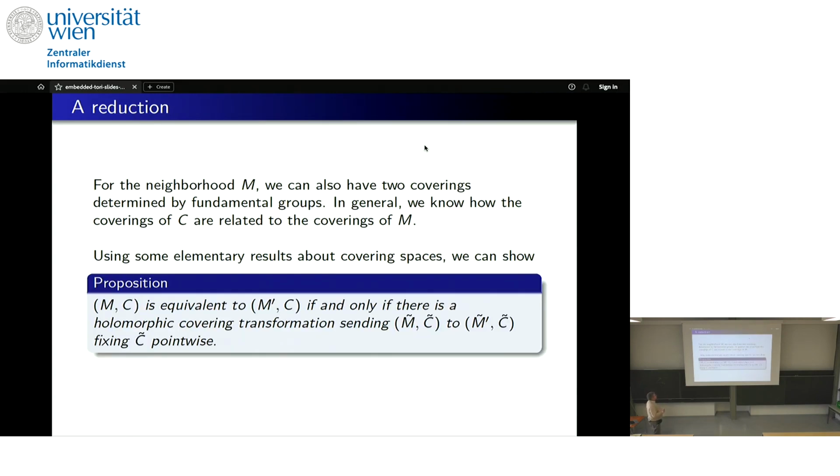Everything is defined by the fundamental group pi_1. The two neighborhoods of C, in M and in M prime, are equivalent if there is a covering transformation sending the neighborhood of the covering into the neighborhood of the other covering, fixing C pointwise. That's the property.